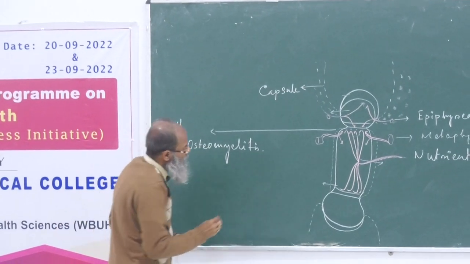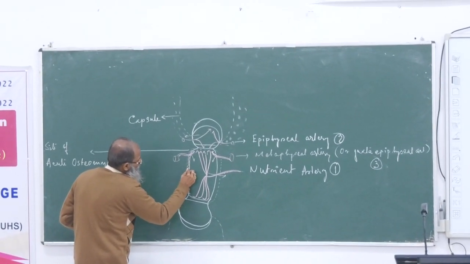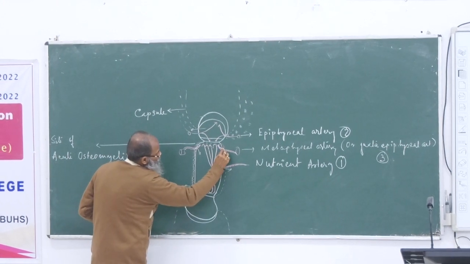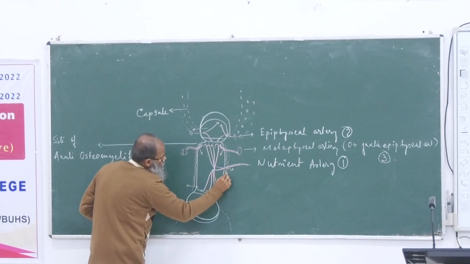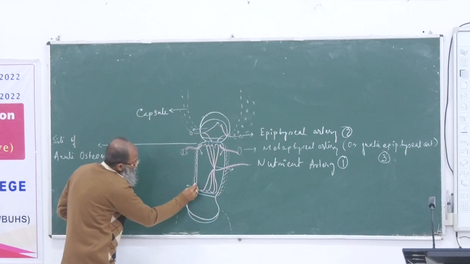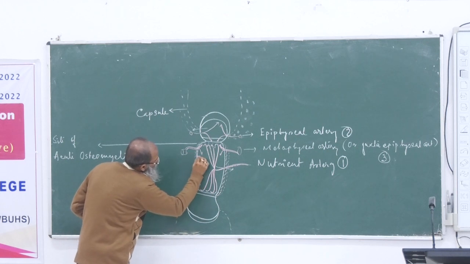Alright. And there is another type of blood supply. I have told that periosteum is a fibrovascular cellular membrane. So from this vascular layer, the outer one third of the bone gets blood supply.